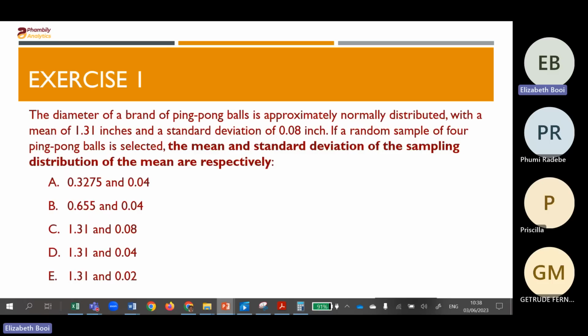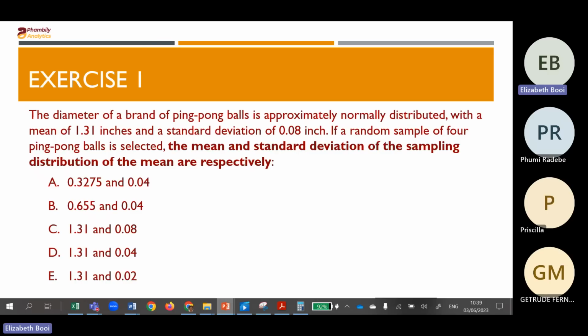The diameter of a brand ping pong machine is approximately normally distributed with a mean of 1.3 inches and a standard deviation of 0.08 inch. If a random sample of 4 ping pong machines or balls is selected, the mean and the standard deviation of the sampling distribution of the mean are respectively.